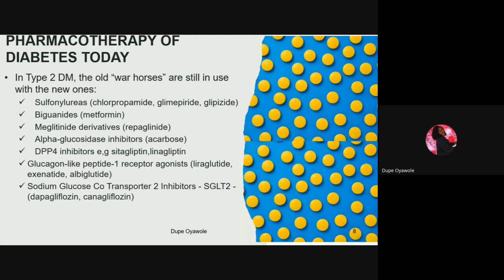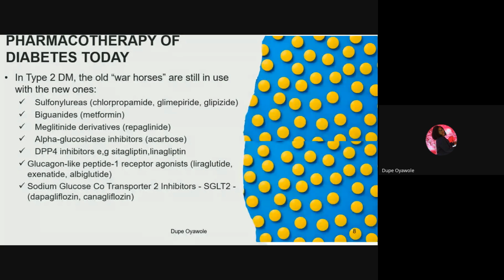Then also the glucagon-like peptide agonists. Those are some of the newer ones, where you have the liraglutide, exenatide, and that's injectable, but has more advantages and some extras, though a bit on the high cost side, but so patients can still use it.